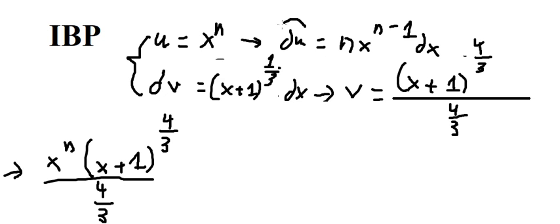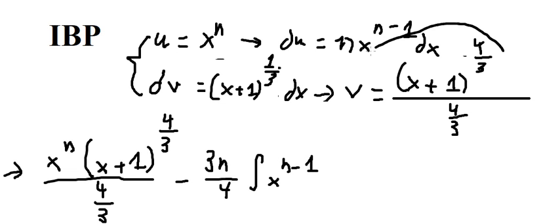Next, we have the u multiplied by v. So that should be a negative sign here. And we have n times 4 over 3. We put 3n over 4, and we have the integration. This is s to the power of n minus 1 multiplied by this one in here.